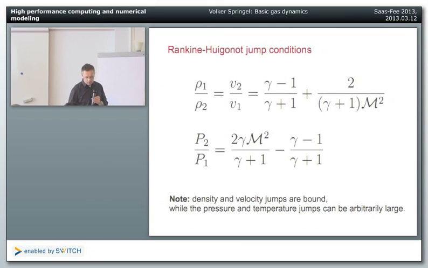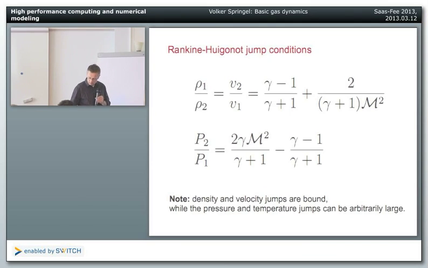If you then consider what happens at a discontinuity, you'll find the so-called Rankine-Hugoniot jump conditions, which relate exactly these upstream and downstream primitive fluid variables: the pressure, density, and velocity. You find that the continuity of the conserved quantities means that these quantities need to jump in certain flow situations.